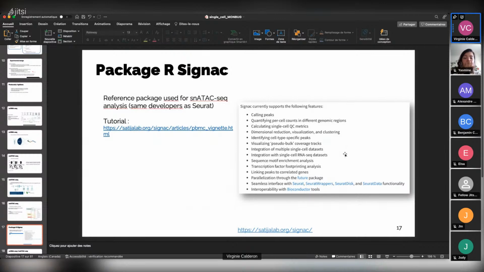I put here the link for the tutorial, because today I would just focus on single-cell RNA-seq, but as with the Seurat R package, everything is really well described on how to do this. There are not a lot of papers using this type of data for now, but it's starting to be used by people. So you will see maybe some interesting papers in your field.